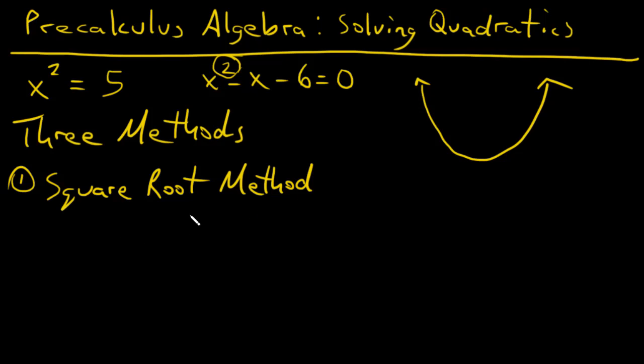Okay? The square root method is something that we've sort of been doing all along. We just haven't explicitly stated it. So if I had something like x squared equals 9, and I want to solve this, one way I can do it is to take the square root of the left side, because if I take the square root of a square, it leaves just the actual term.